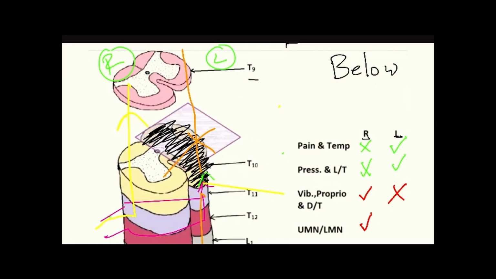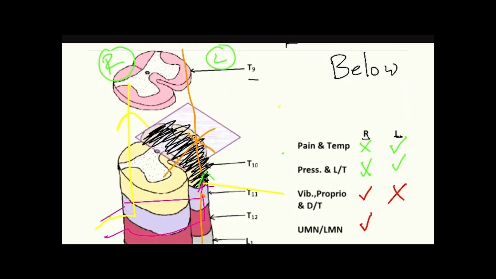Now, only the upper motor neuron has been cut in this situation, right? Because here's the orange. This is the upper motor neuron coming all the way down, and it goes all the way down. It got cut right here at T10 because I damaged T10. I haven't drawn it yet. But will this upper motor neuron communicate anything below the lesion?